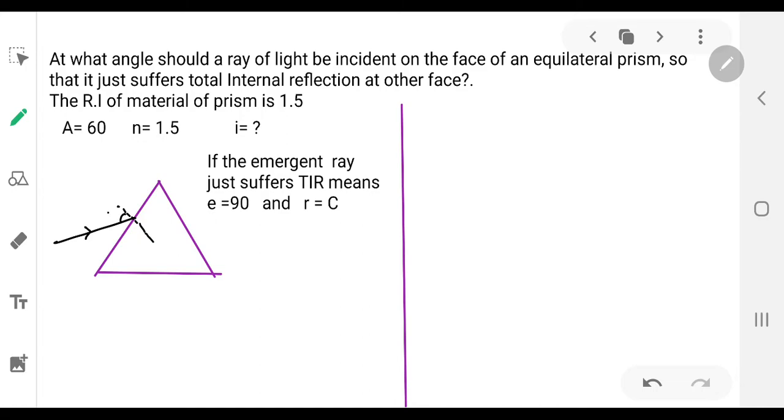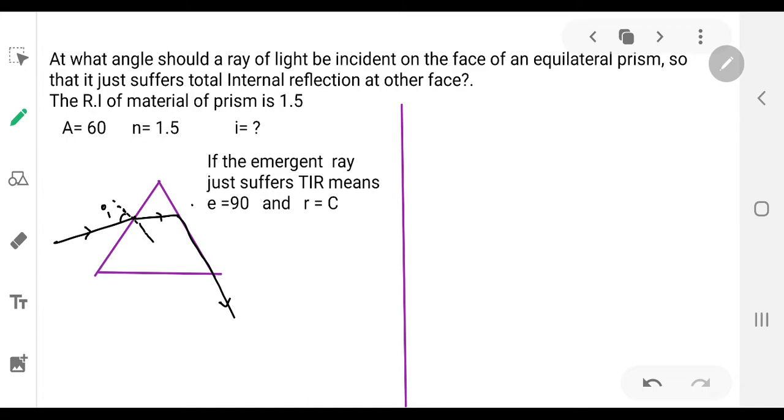This is the angle of incidence. So what should this angle of incidence i be, so that this is the refracted ray inside the prism? The emergent ray just suffers total internal reflection, meaning it should just graze along the second face of the prism.